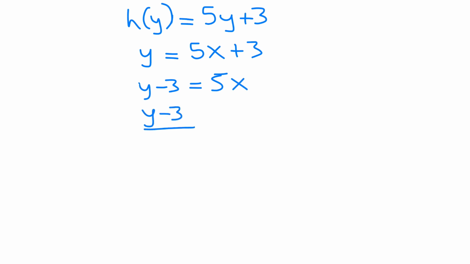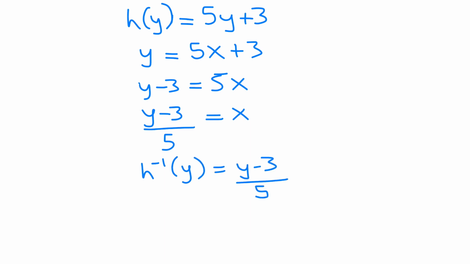It doesn't hold any significance. You could choose any letter. In my explanation, I used a question mark. It really doesn't matter. But we're going to get that x equals y minus 3 over 5, and we're just going to replace this with h minus 1 of y. So the inverse function is y minus 3 over 5.